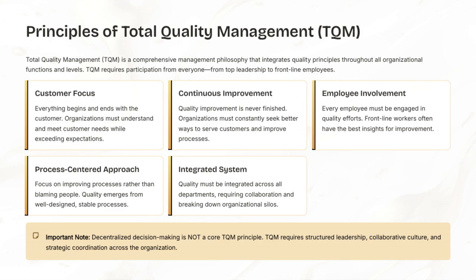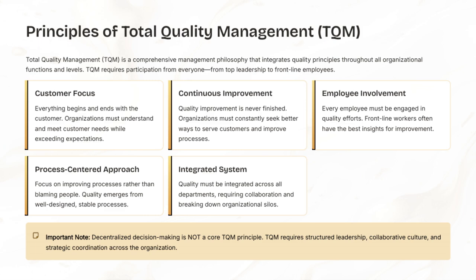When everyone is working together, the focus shifts from individual efforts to the overall system's effectiveness. This brings us to the concept of an integrated system. It's crucial to focus on improving processes, not blaming people when issues arise. Quality naturally develops from well-designed, stable processes that are continuously refined.